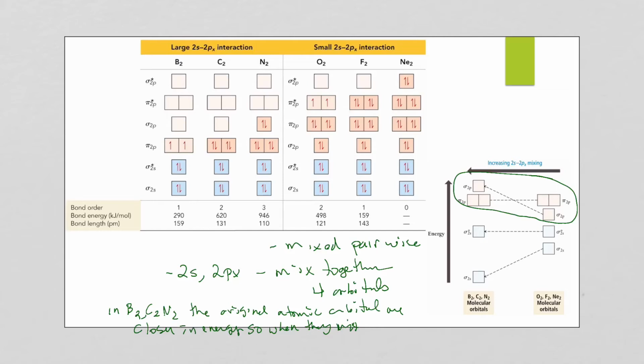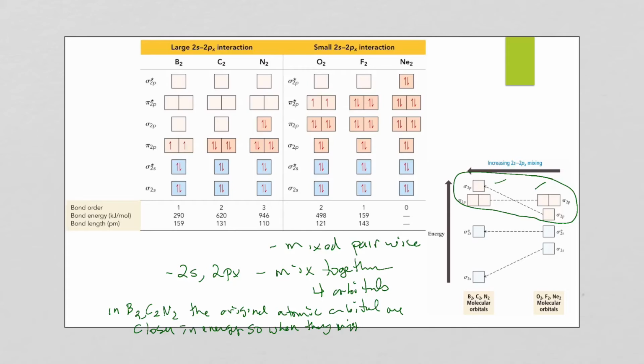It turns out that in boron, carbon, and nitrogen, those atomic orbitals are closer, so we see more mixing. As we get over to oxygen, fluorine, and neon, the energy spacing is greater, so we see less mixing, and so we see this order instead of this order.